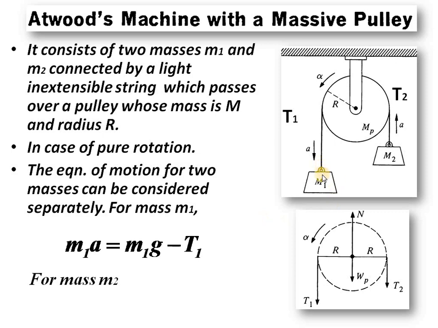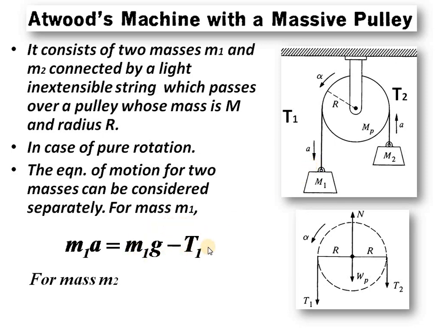It is the actual force acting on the body downwards due to the earth. What is T1? T1 is nothing but the tension acting on the body in the upward direction. So T1 is upward and M1G is downward. Understand?